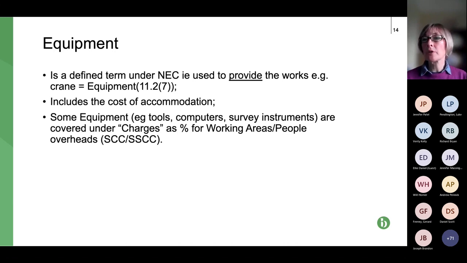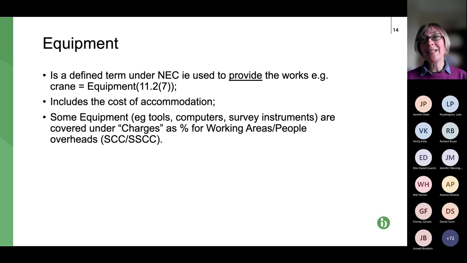So it includes the cost of the accommodation, and this kind of refers back to what I said about the charges item, because some of what we might think of as equipment, so computers, all that kind of stuff that goes in your site cabin, hand tools, all those kind of smaller items are included in the charges section rather than the equipment section.